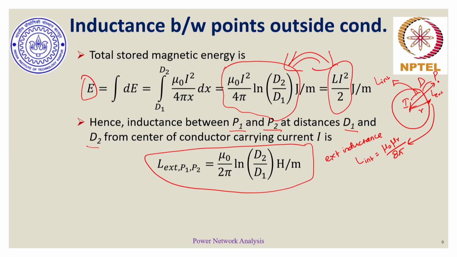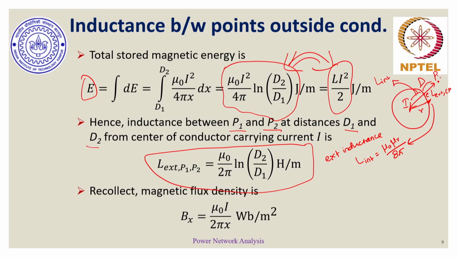If I mark a point C here, then it is L external C comma P, where C is at a distance r and P is at a distance d. If I now combine these two inductances to find the overall inductance at point P, I get net L equal to L internal plus L external C comma P.